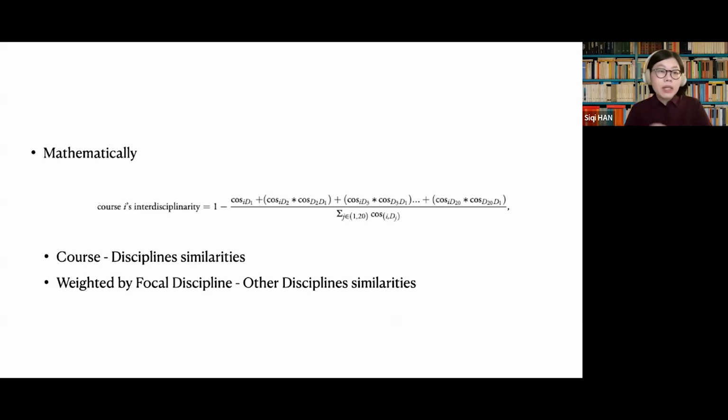So if a course, again, is similar to a set of disciplines that are similar to each other, then it doesn't make it very interdisciplinary. But the course that is similar to a set of dissimilar disciplines, that makes it more interdisciplinary. So we weigh the above scores of course to discipline similarities with the discipline to discipline similarities.